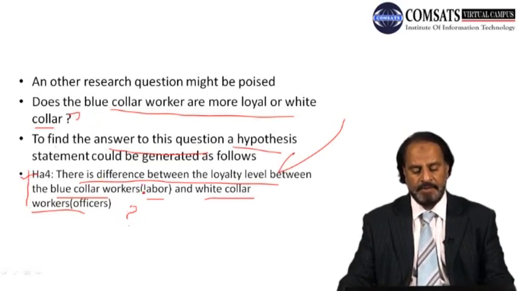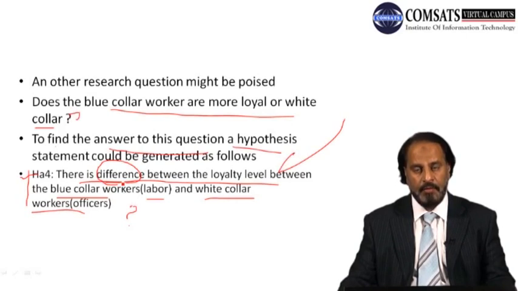We're saying there is a difference between the two, and we're not saying whether blue collar workers are more loyal or white collars are more loyal. The hypothesis statement is just saying there is a difference between them, and we need to establish that. For that, we need to collect data and then apply our statistical test. Once we apply that test, we will be able to establish whether this statement is true or not.